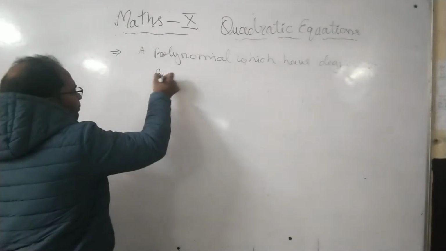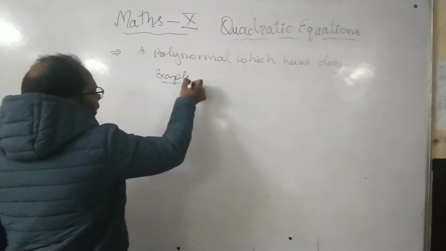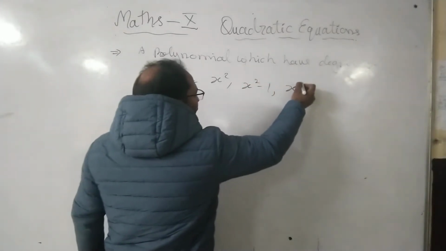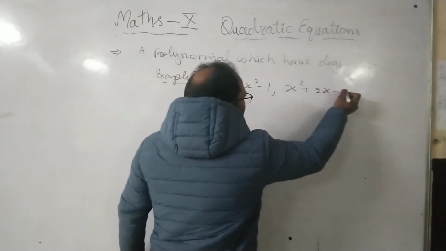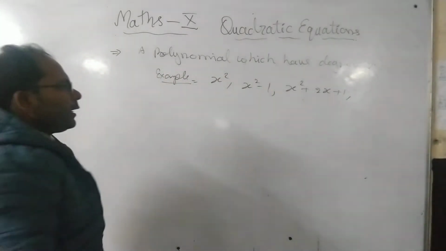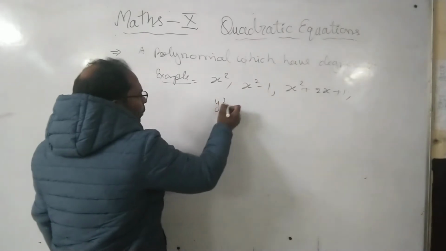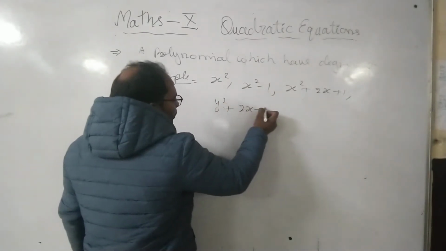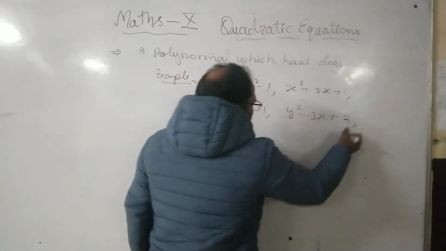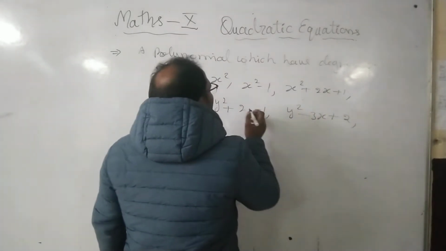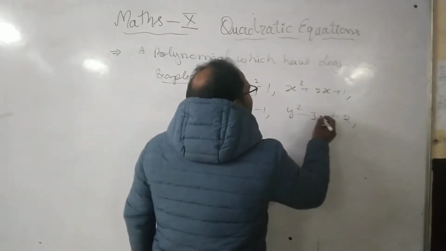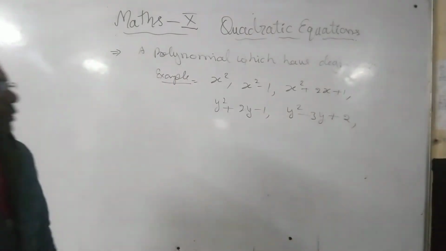For example you can see x square minus 1, x square plus 2x plus 1. Okay, all these are the examples of quadratic equation. Even you can write y square plus 2y minus 1, y square minus 3y plus 2.